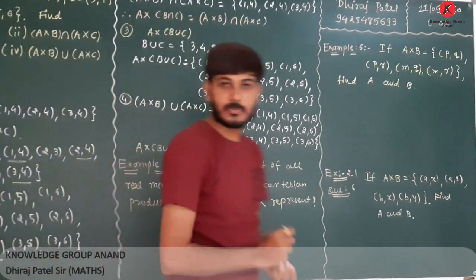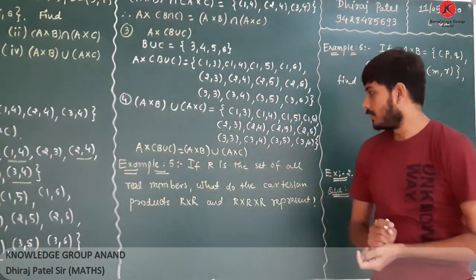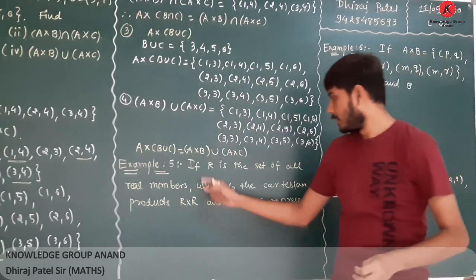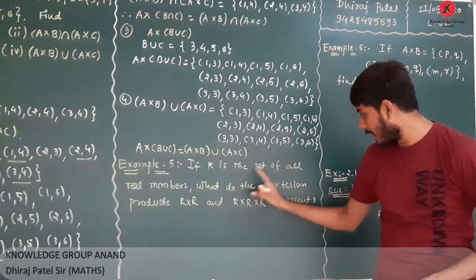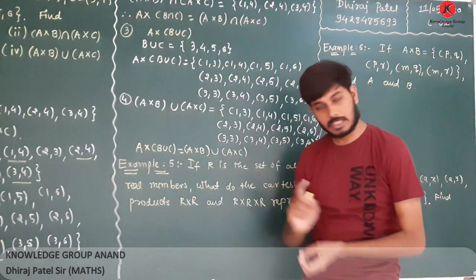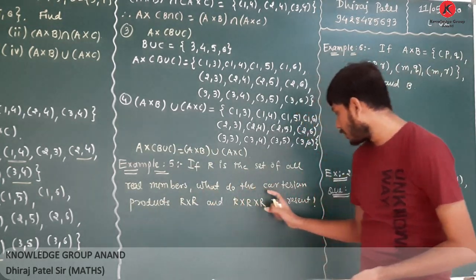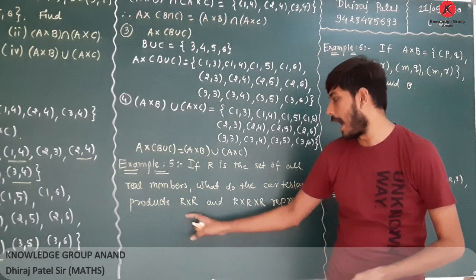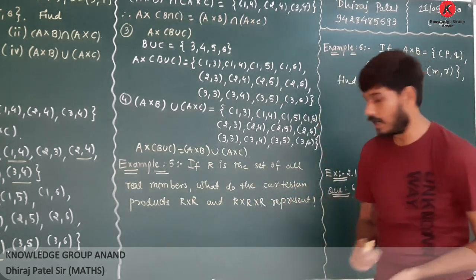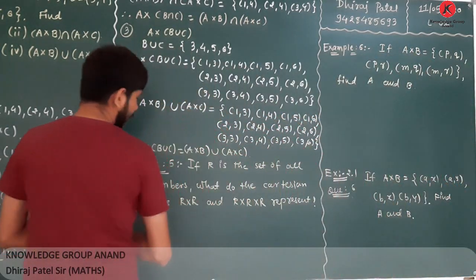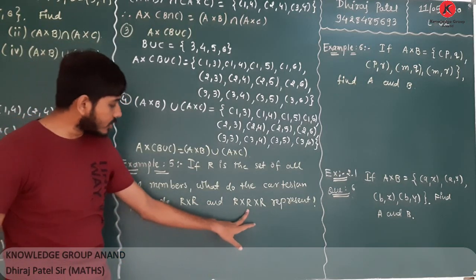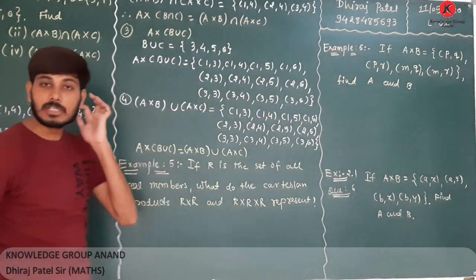Next question. Example number 5. In example number 5, they have given: if R is the set of all real numbers, then what do the Cartesian products R cross R and R cross R cross R represent?